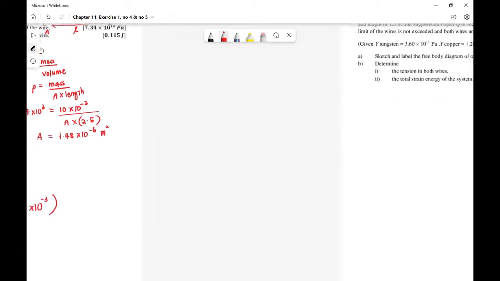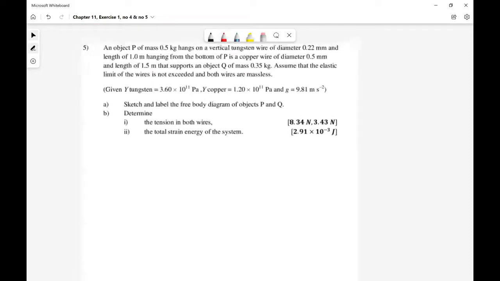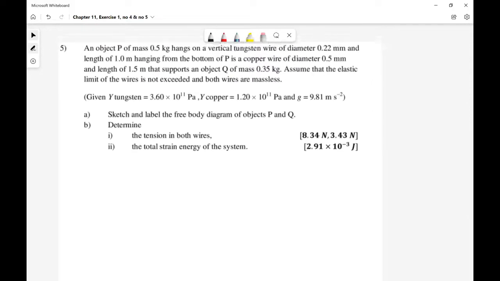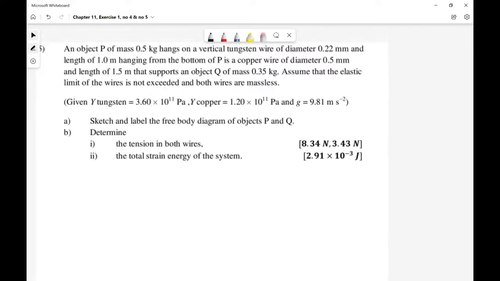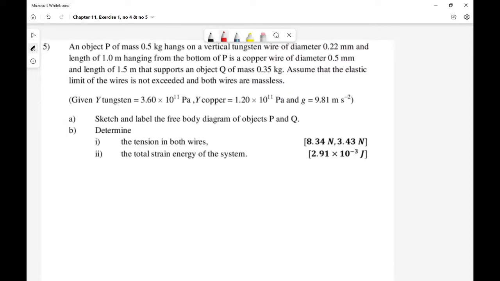Okay, next question number 5. An object P of mass 0.5 kg hangs on a vertical tungsten wire of diameter 0.22 meter, this is diameter, and length of 1 meter, so this is L0.